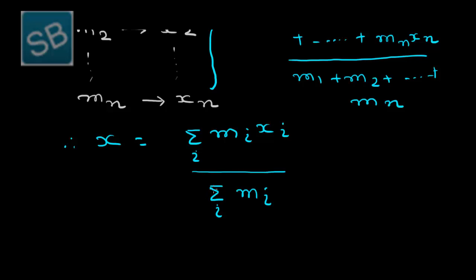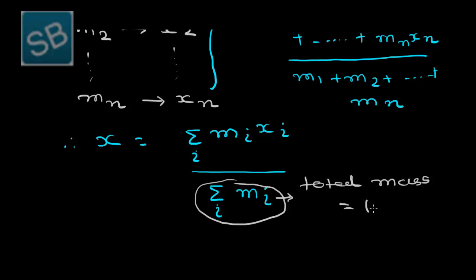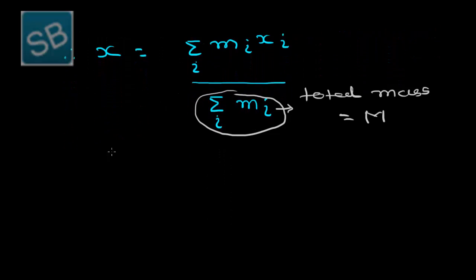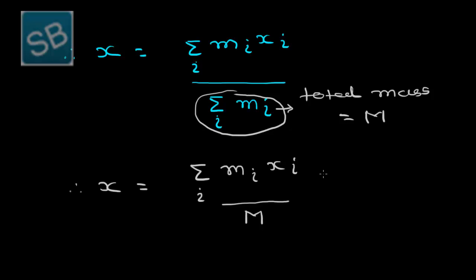So I am defining this total mass as capital M. So this capital M I can substitute in this equation, and my final equation for center of mass of a system of n particles. So this is sum over i mixi divided by capital M. So this is the final equation.